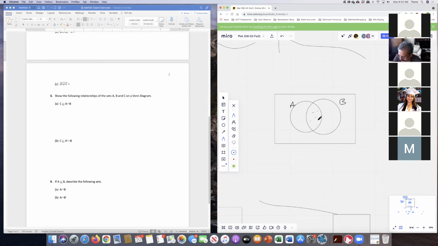C is a subset of A intersection B, which means all elements of C should be inside this intersection of A and B. So C has to be somewhere here. That's your answer for the problem.